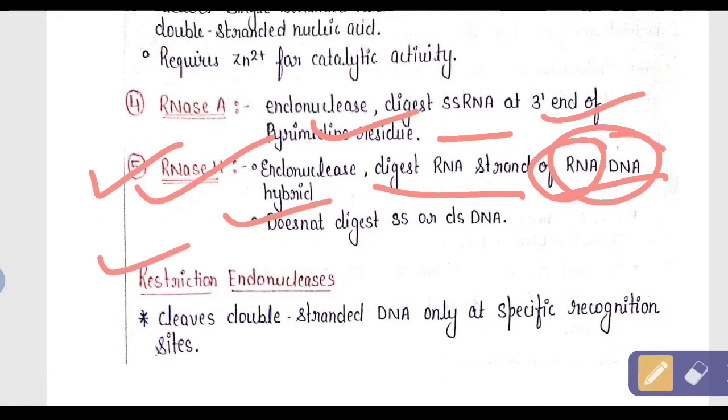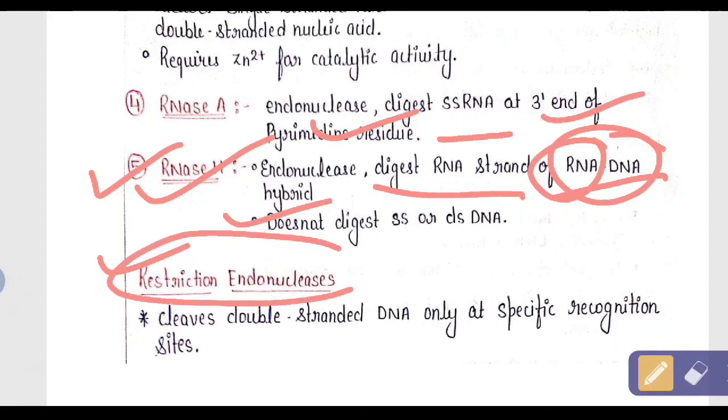Then we have restriction endonucleases. All the above examples that we have read are non-specific, meaning they attack randomly on the DNA sequences and give you fragments randomly. They are not specific.